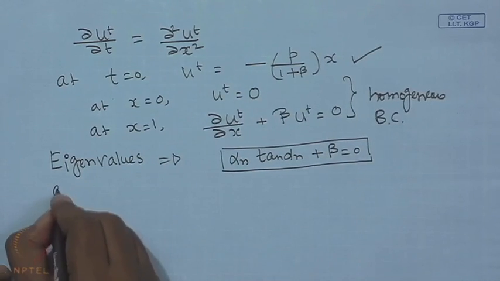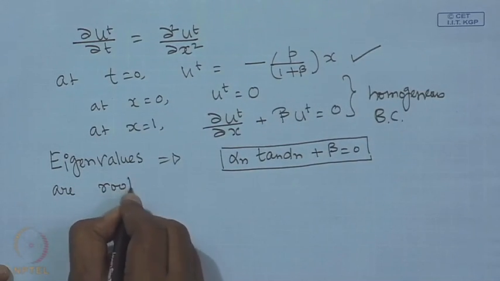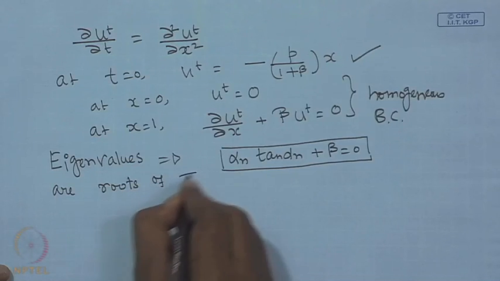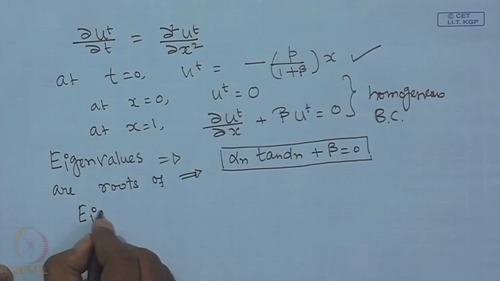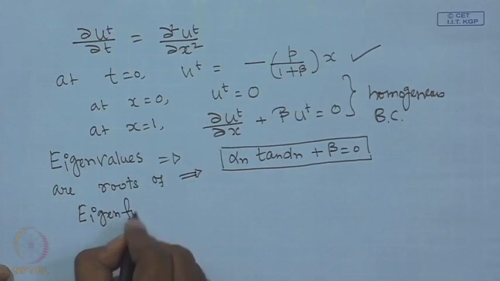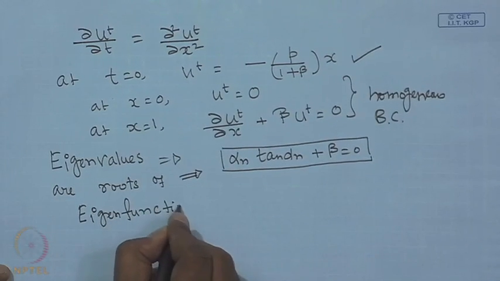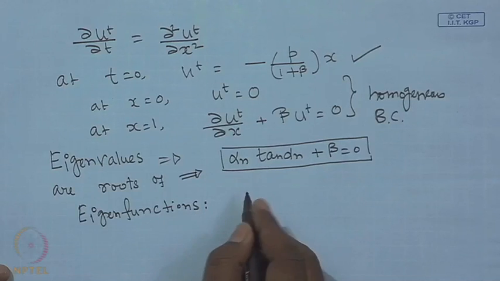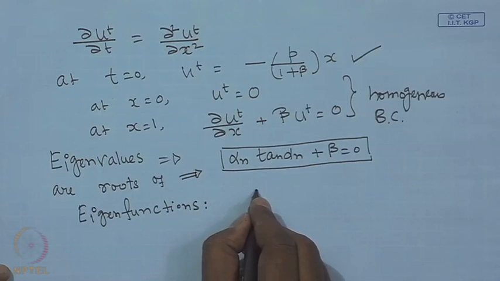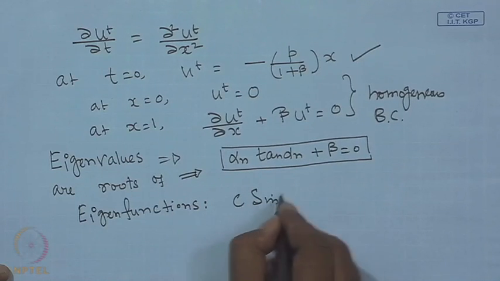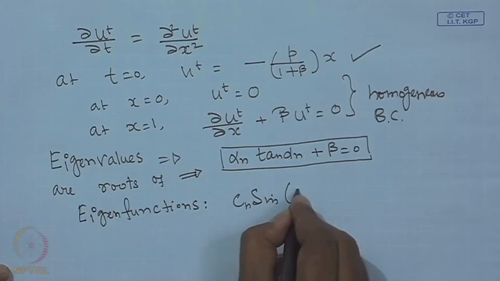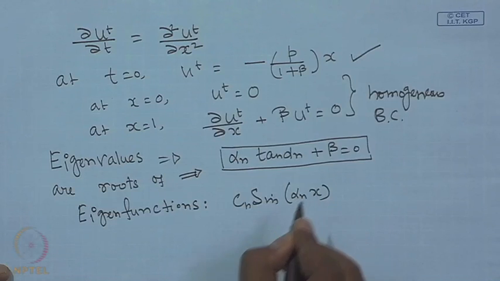So, eigenvalues are roots of this equation, and eigenfunctions are sine functions, some constant multiplied by sine alpha n x.